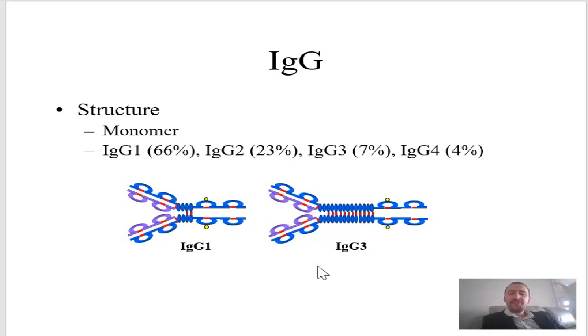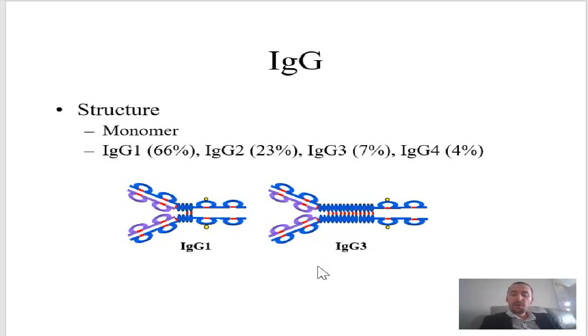In terms of specific information on the antibody subclasses, IgG is a monomer, as I discussed earlier. Generally speaking, with IgG, 66% is IgG1, 23% IgG2, 7% IgG3, and 4% IgG4. This is an example of the structural differences between them.